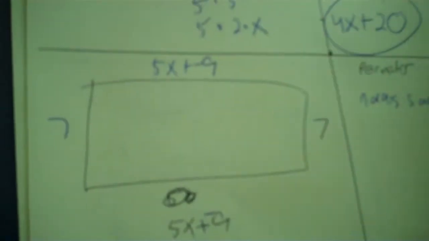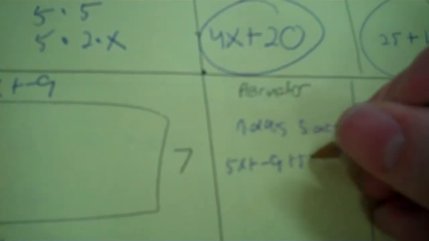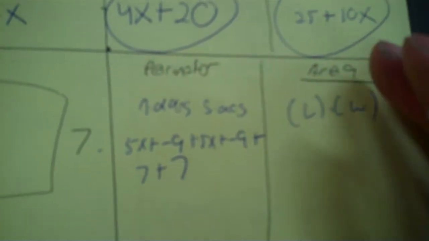So perimeter, adding the sides. Area, length times width. So sides, you got 5x plus negative 9 plus 5x plus negative 9 plus 7 plus 7. Now I need to simplify the expression.